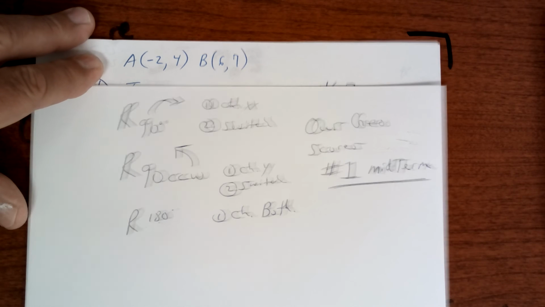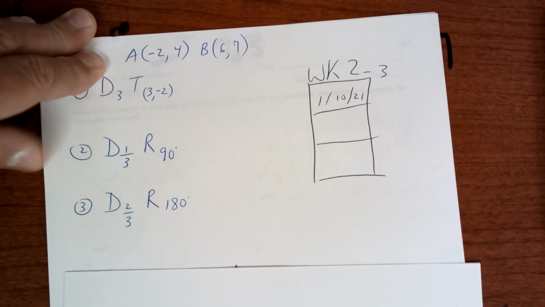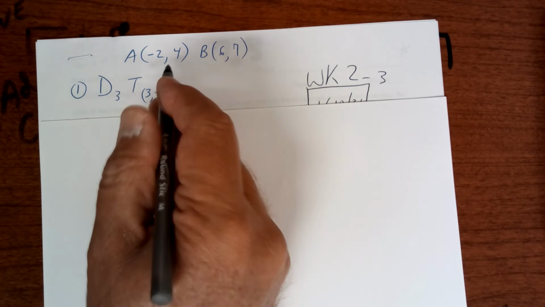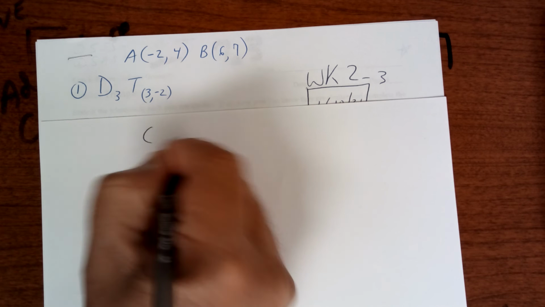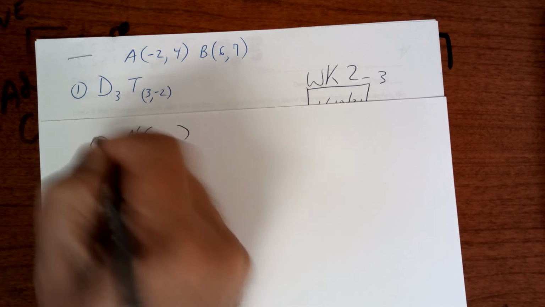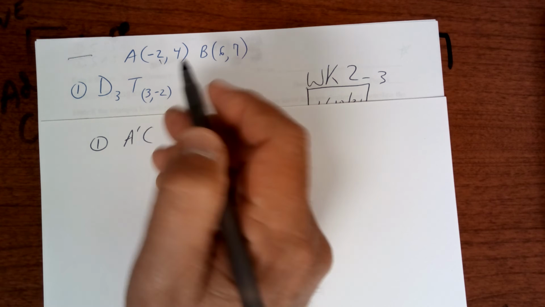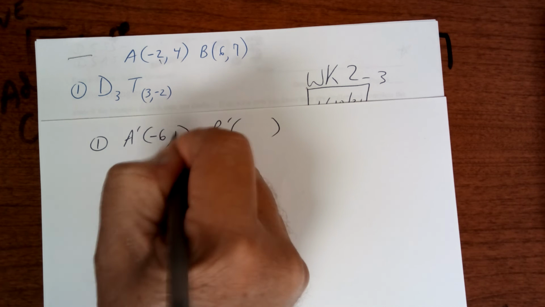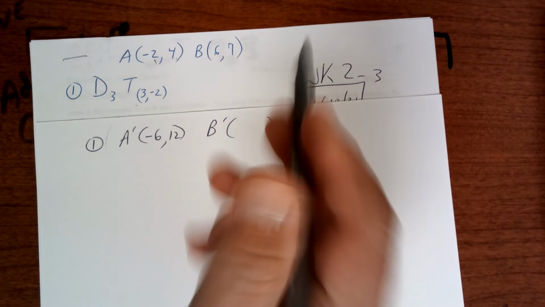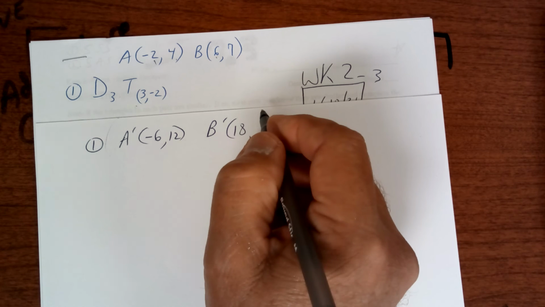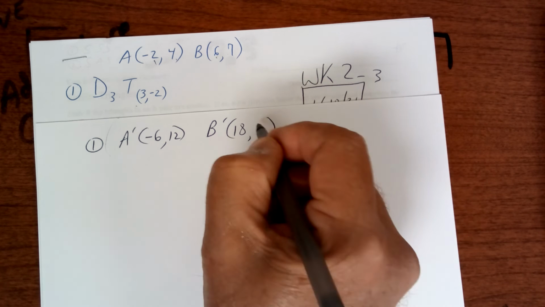All right, let's look here. So this one's a dilation of 3, so you're going to multiply by 3. So A prime for number 1 is going to be times 3, negative 6 and 12. 4 times 3. This one, 6 times 3 is 18. 7 times 3 is going to give you 21.